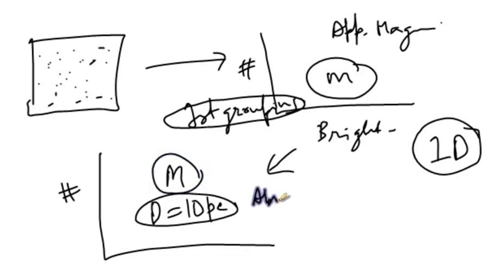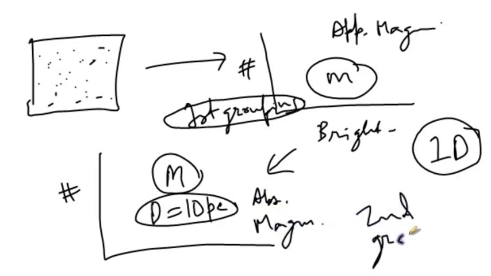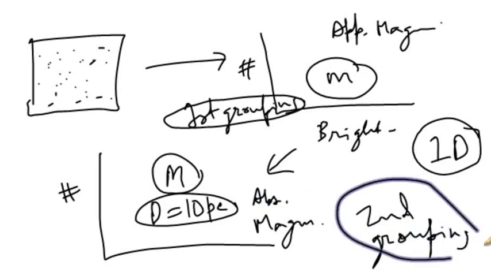So this is absolute magnitude, and this is the second grouping of stars. We have first done the first grouping, next we did the second grouping. So let us now proceed forward.